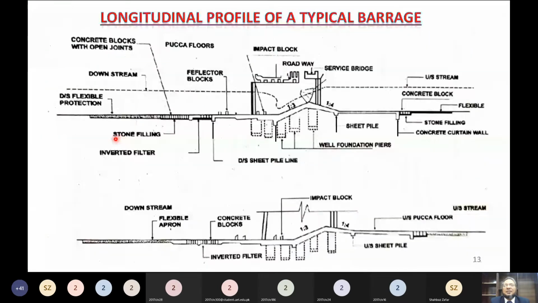You see here, this is the downstream end of the upstream concrete floor, and these are provided on the upstream end of the downstream concrete floor. Okay, so these are called intermediate sheet piles, and of course they have the same purposes. They increase the length of the seepage path. They increase the bearing capacity because they confine the sand in between, and they reduce the uplift pressure.